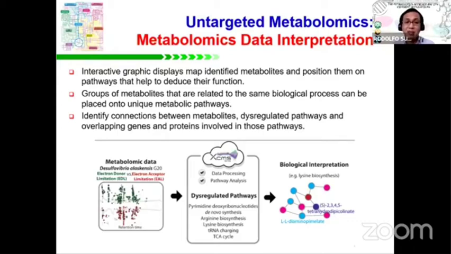Group of metabolites, okay, now in functional interpretation, the group of metabolites that are related to the same biological processes are placed in unique metabolic pathways following stringent statistical categorization. So sometimes the software will set the settings by default, or you could make it even more stringent, especially if you want to do clinical validation later, you have to be quite stringent with this step.